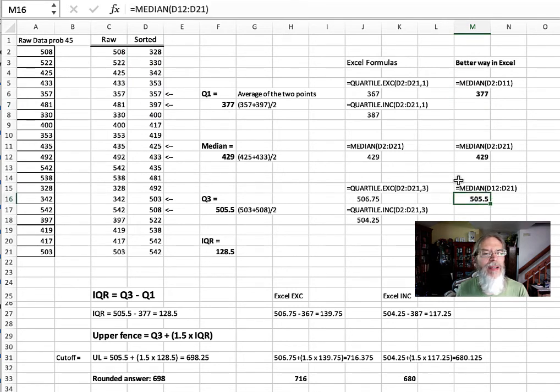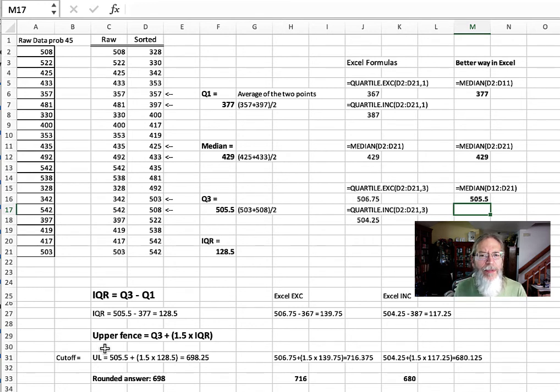Likewise, here I've got the median for the bottom half, and that answer is 505.5. Yay, okay. So you can use these two when you're in Excel. Just note that the quartile function gives you what I consider really wonky answers. I don't like them. But we can just use median 3 times: find the middle, find the middle of the top half, and find the middle of the bottom half. And then we got the primary answer, and everything's good.